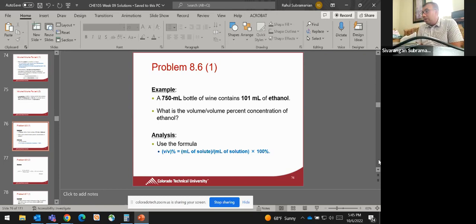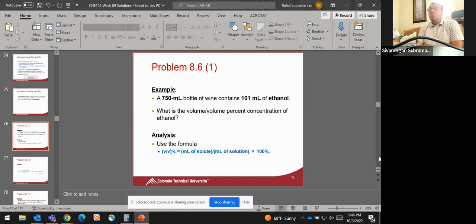So when you go to any reputable hand sanitizer, it will again have the content, but this time it will be expressed as V over V, milliliters of solute over milliliters of solution. Another example, wine. A 750 milliliter bottle contains 101 milliliters of ethanol, which is the main ingredient coming from the fermentation of the grapes.